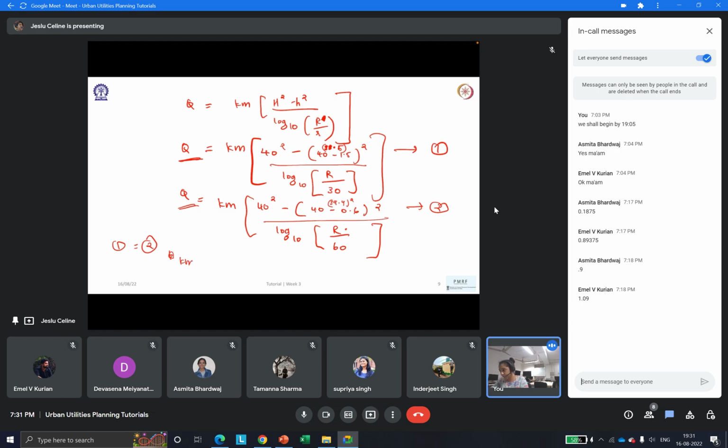So Km into, you can do whichever is convenient to you, that way you can do the calculation. For me this is much more convenient, so I'm going ahead and doing it this way. So this calculation, I'm going 40 square minus 39.4 the whole square.